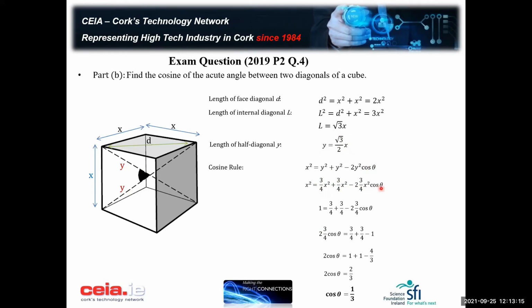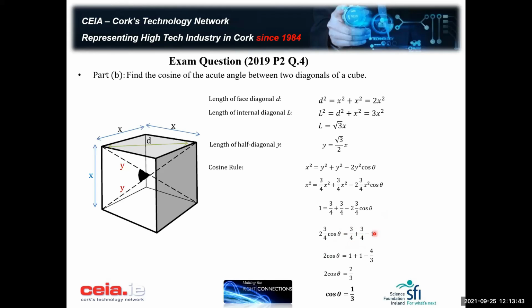And now we see we've got x squared everywhere. So we can divide across by x squared. And we're just left with some numbers and the cosine of theta. So we just need to reorganize these numbers. Add 3/4 plus 3/4 to get 3/2, in fact.